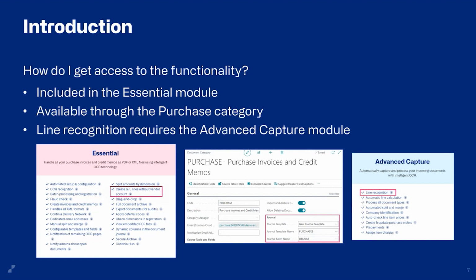In case you want to recognize lines and create those recognized document lines as GL or purchase journal lines, we need the advanced capture module for the line recognition feature. So all in all, Essentials supports header amount recognition, and with advanced capture, you get everything included. Even XML documents can be handled through a journal, and you get to see that in a few moments.